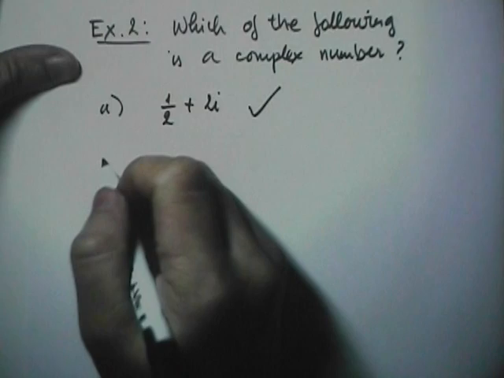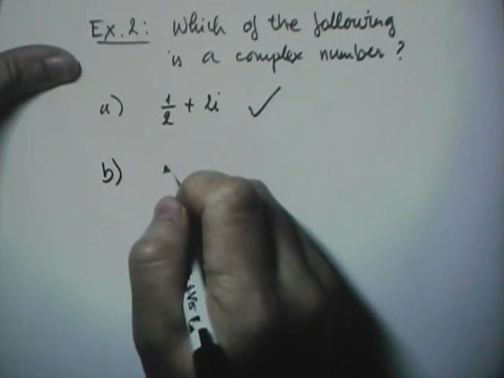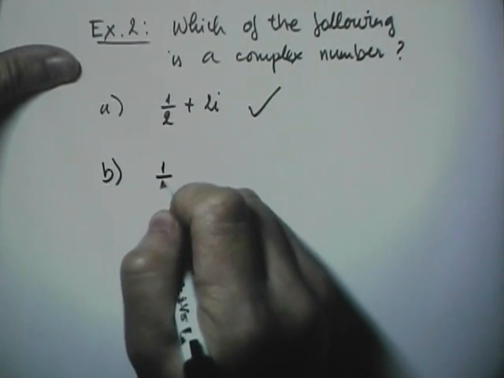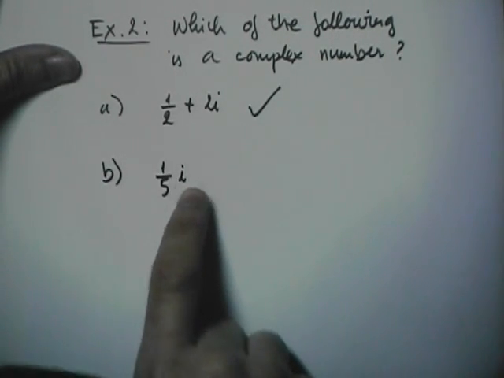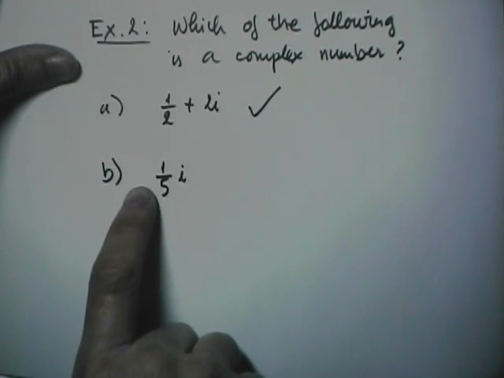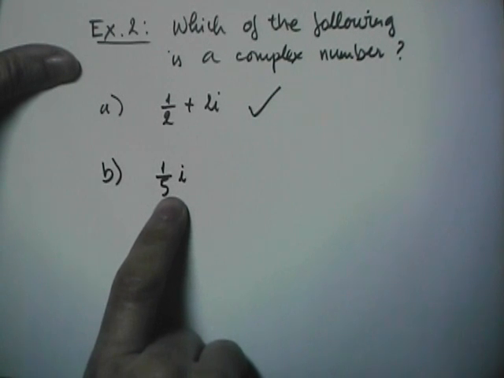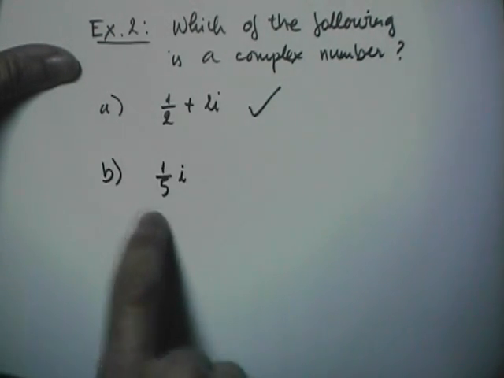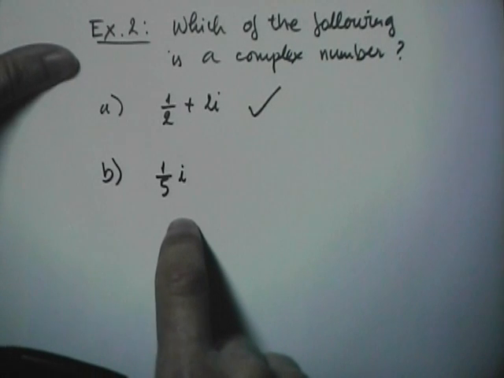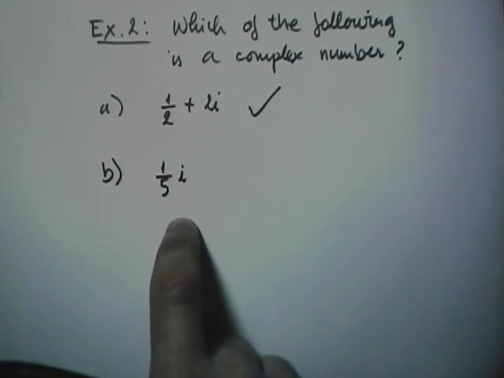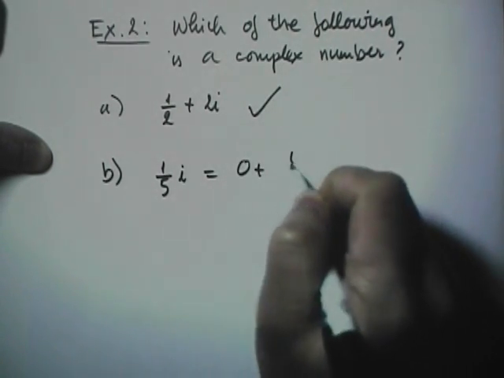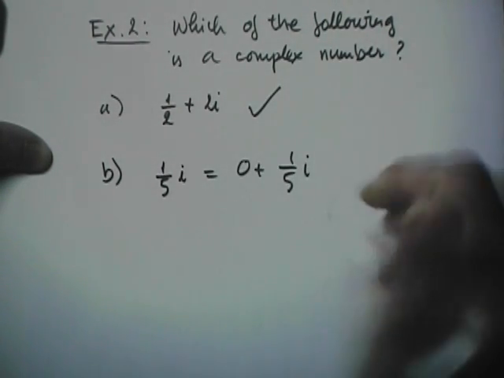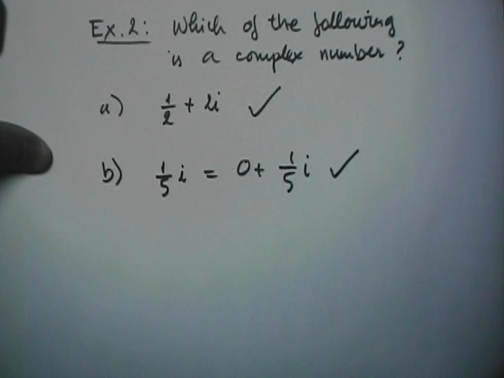Okay, how about another example? How about simply 1/5 i? What I'm seeing here is the number 1/5 times i. I do not see the real component anywhere. However, remember in the previous example, even though it appears here as an imaginary component only, we can always regard it as 0 plus 1/5 i. So yes, this is also a complex number.